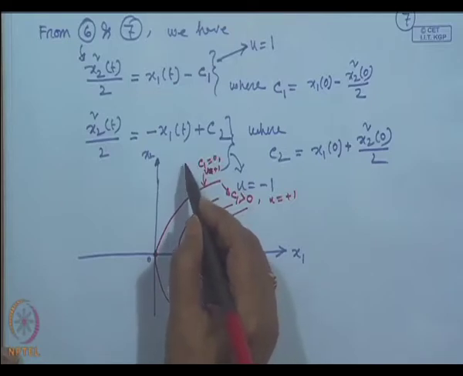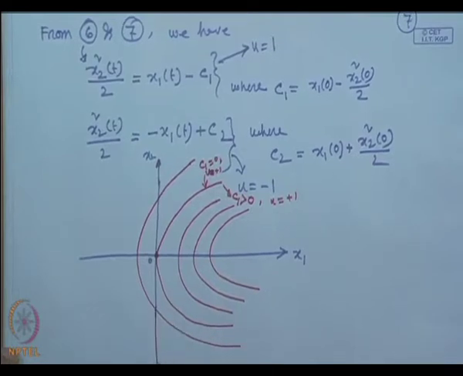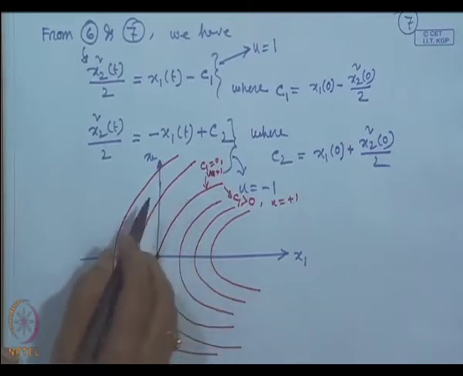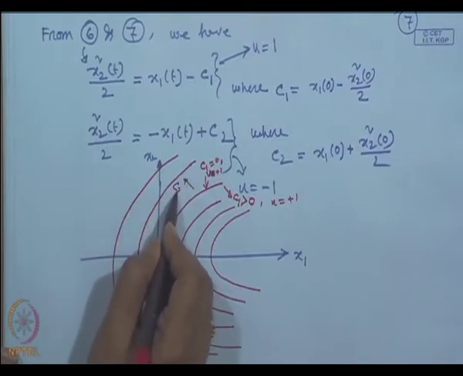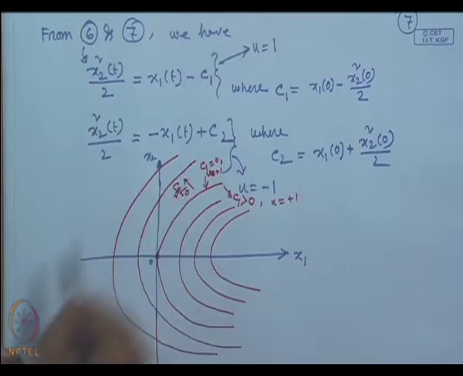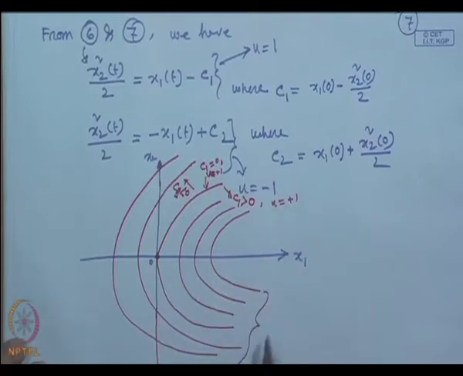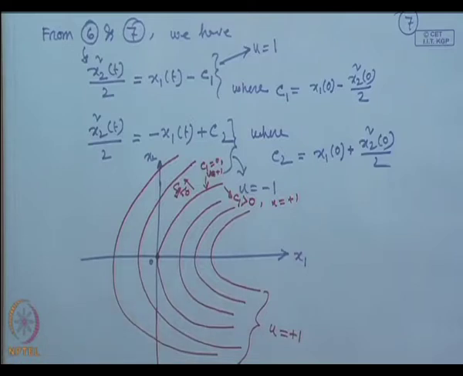So, on this side C1 is less than 0, and this is C1 equal to 0. All these curves correspond to u equal to plus 1. Now, let us see what we get when the control input u is equal to minus 1.